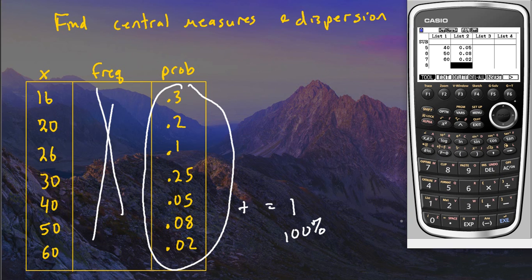Okay, so I've put that in, hopefully correctly. And I'm going to press over until I find calc. I'm going to set up, all right? List 1 is my data, list 2 is my frequency, or in this case, my probabilities, and one variable stats. And now my calculator has popped out all the statistics that I could be looking for.